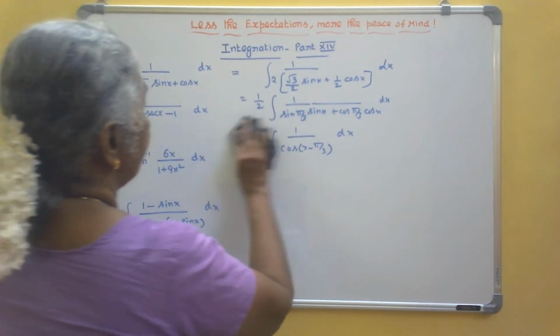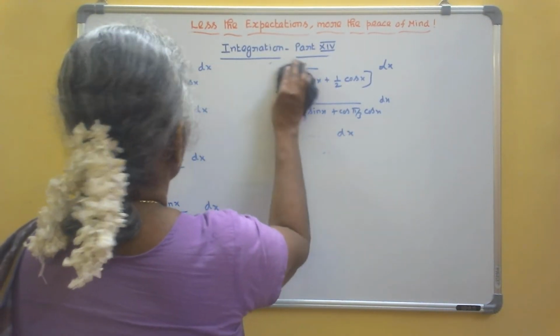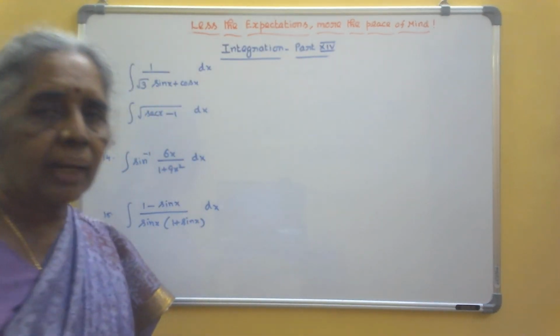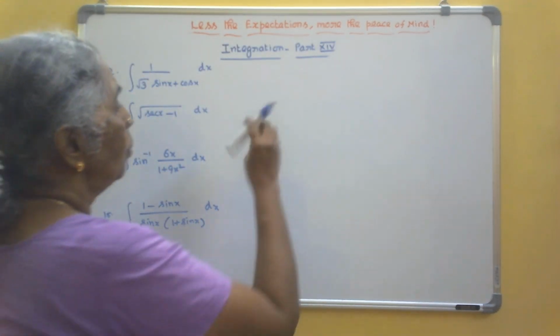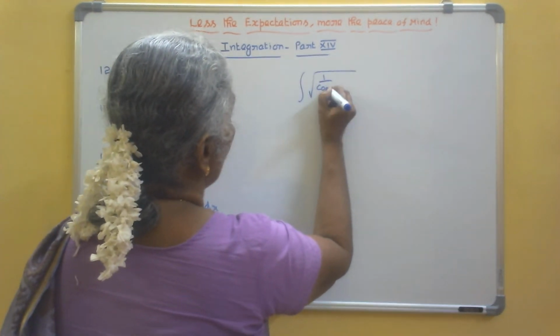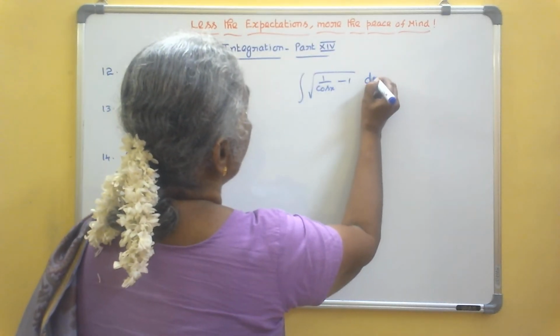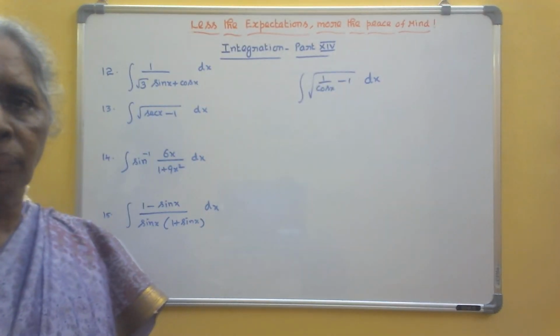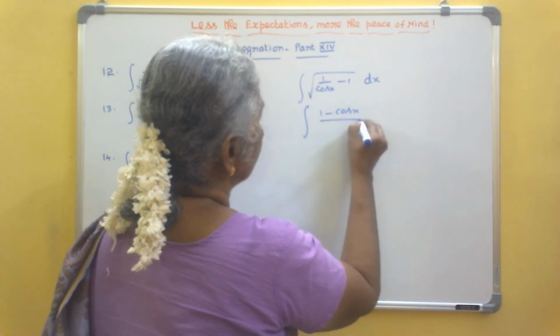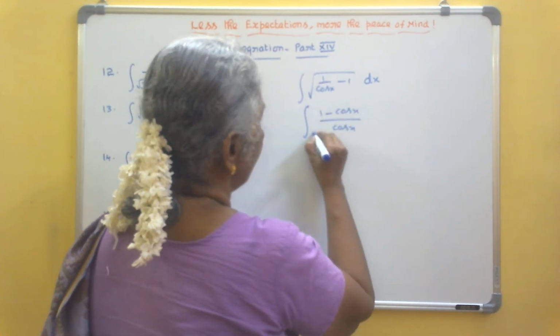That is integral of root secant x minus 1 dx. Now you can write root secant x as 1 by cos x minus 1 dx. So if you take LCM, you will get 1 minus cos x by cos x.